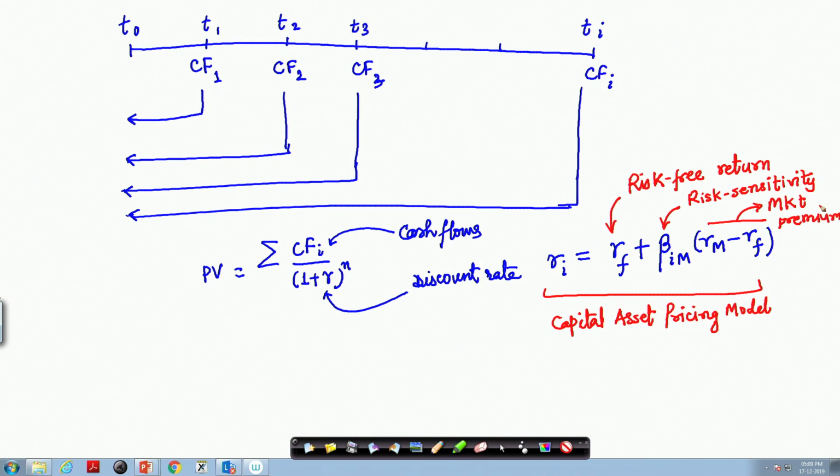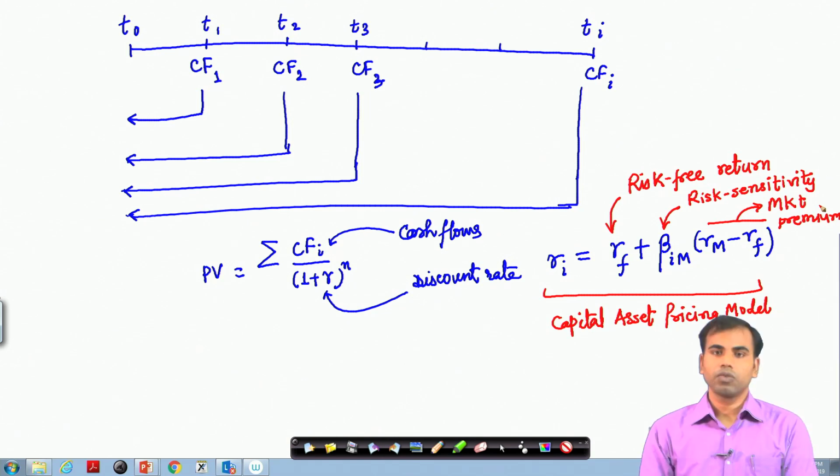So, when we try to consider this R as a discounting rate, we should keep in mind that it should not be just a function of cost of fund, but also the risk sensitivity that you are assuming in the form of taking this decision and the market risk premium that is offered by the market.